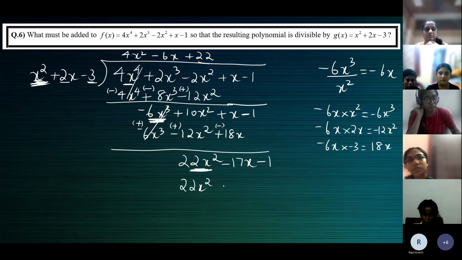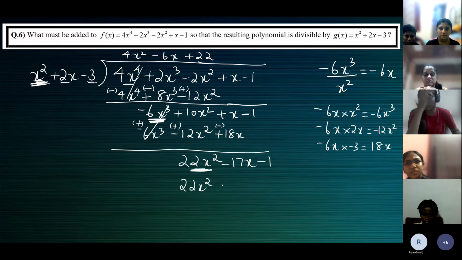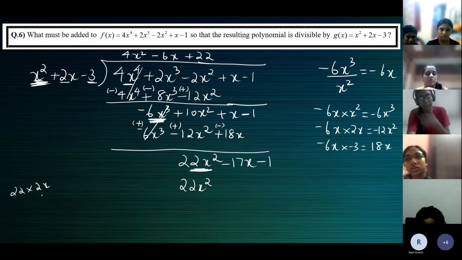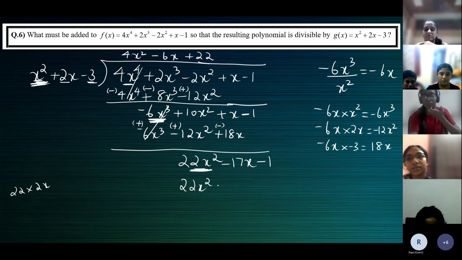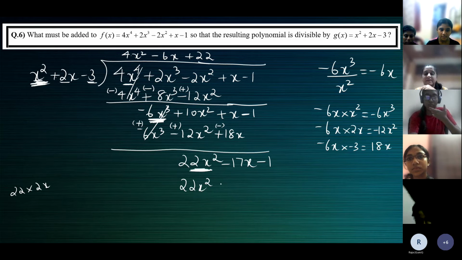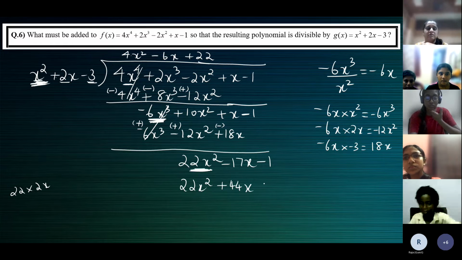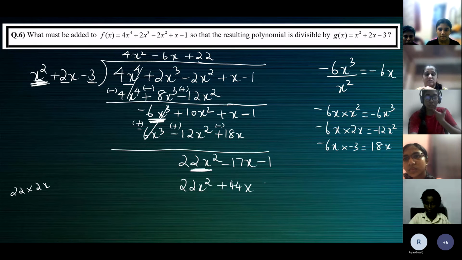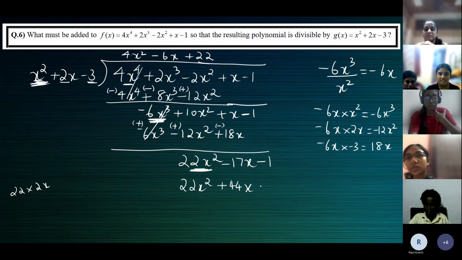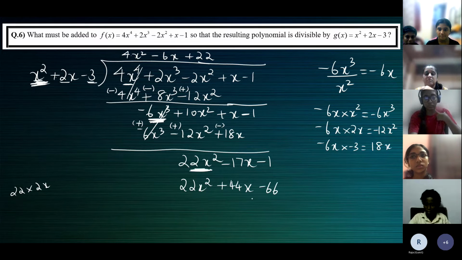Next, 22 into 2x. That is 44x, plus 44x. Then 22 into minus 3. What's the answer? Minus 66, ma'am.